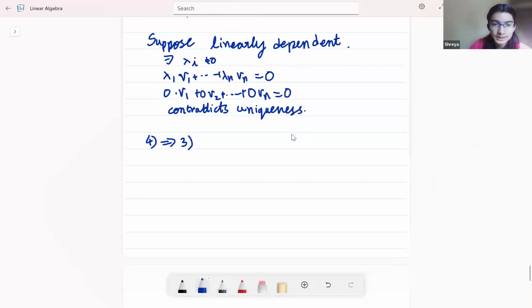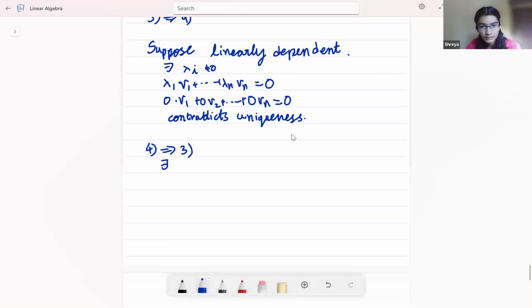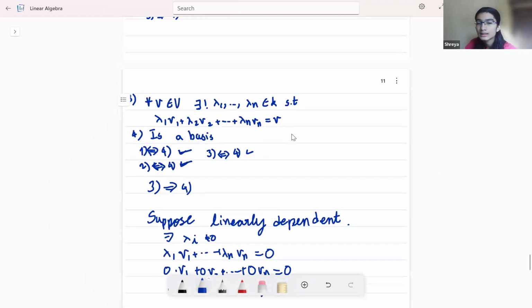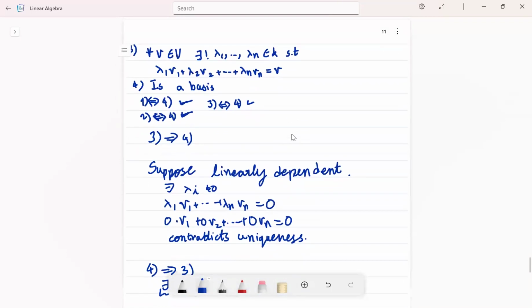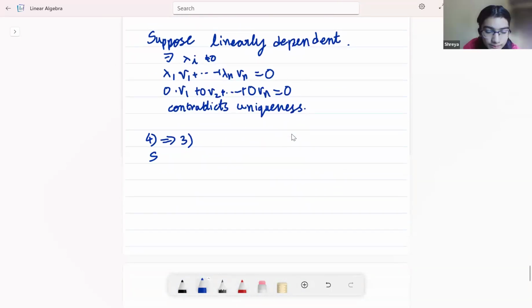So if it's a basis, then suppose that 3 is not true. We need to prove that there exists a unique combination. The existence part is given to us because it spans B. We need to prove that it's unique. So suppose not.